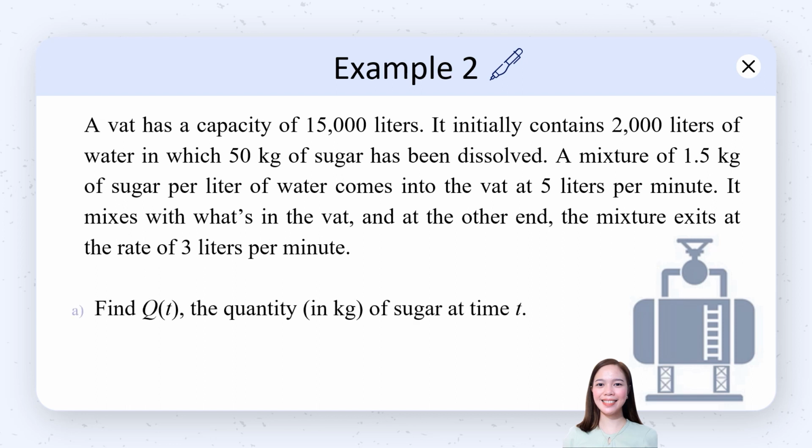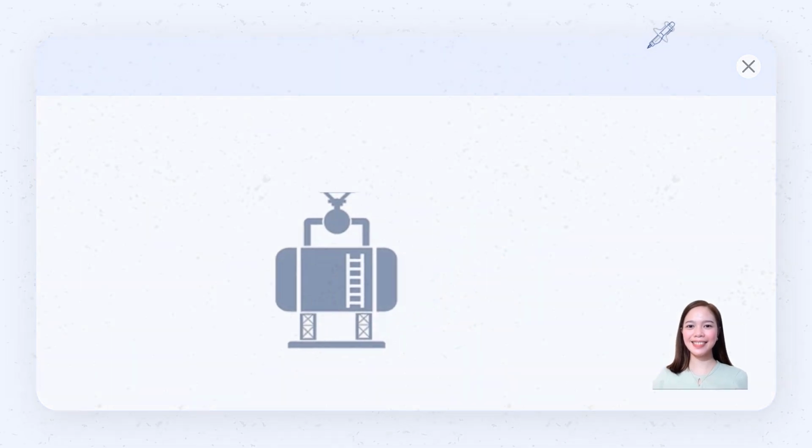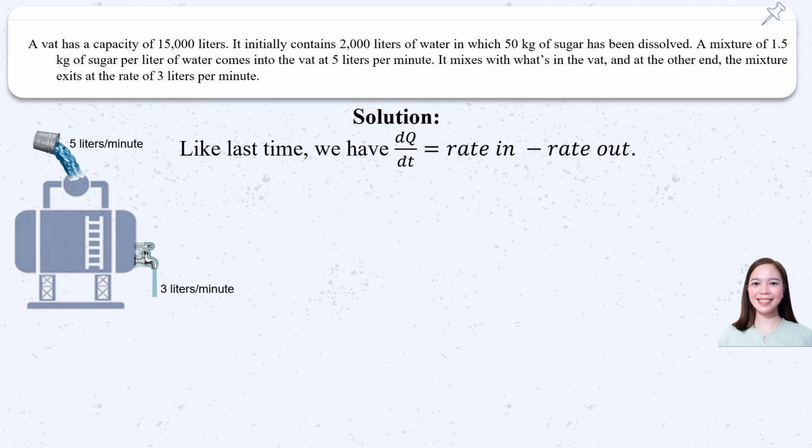So we are going to find Q(t), or the quantity in kilograms of sugar at time t, and find the amount of sugar in the tank when the tank fills to capacity, or at which the process stops. For the solution, just like last time, we have dQ/dt, which is equal to the rate in minus rate out.